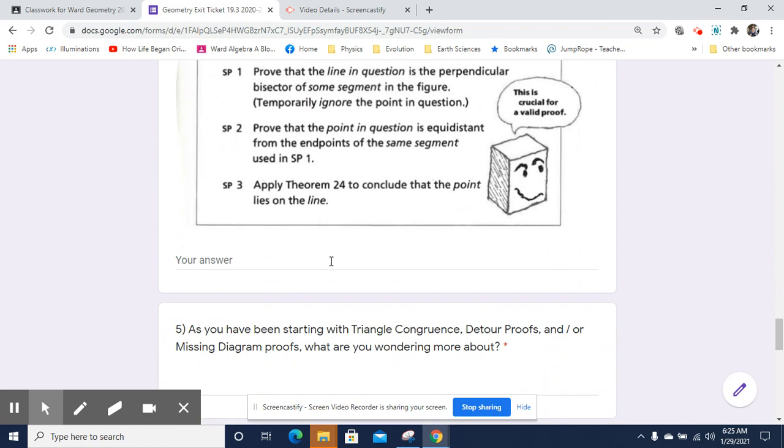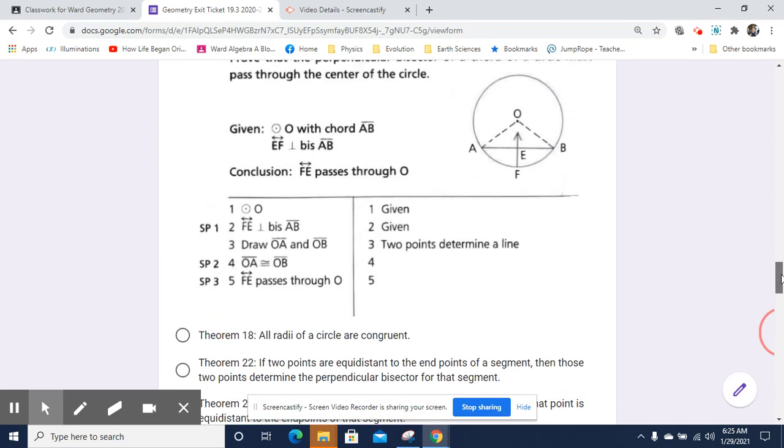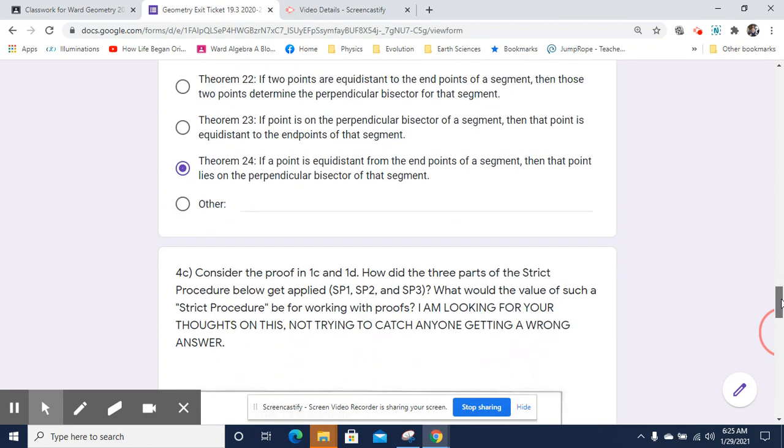Here it's given. So SP1 is simply given because FE is defined as the perpendicular bisector of AB. AB was the segment that was the chord.